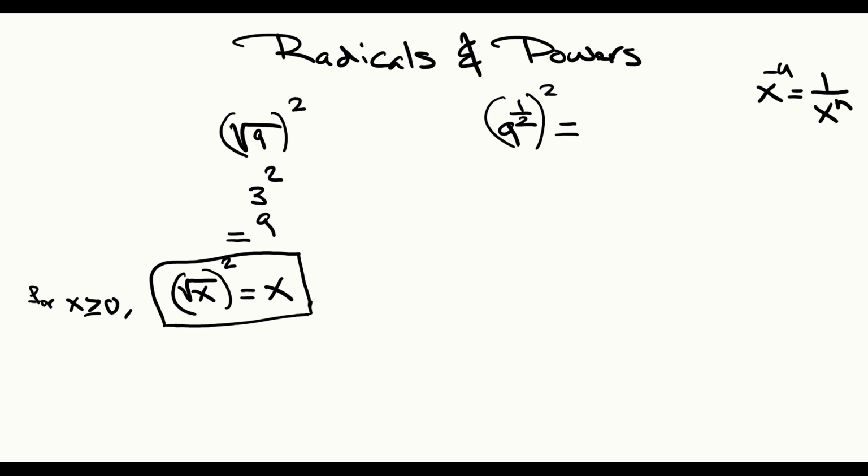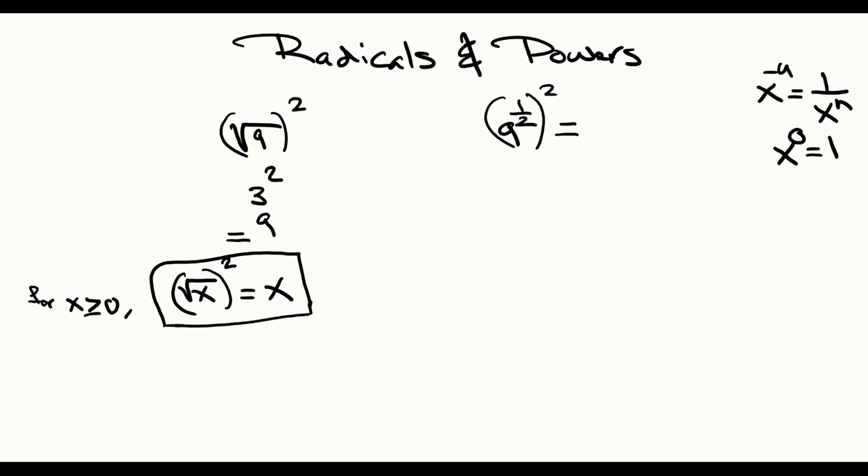And also zero exponents. We know that x to the power of 0 is 1, but we've never had a fractional exponent. But for a minute, let's assume that we can apply the laws of exponents here.